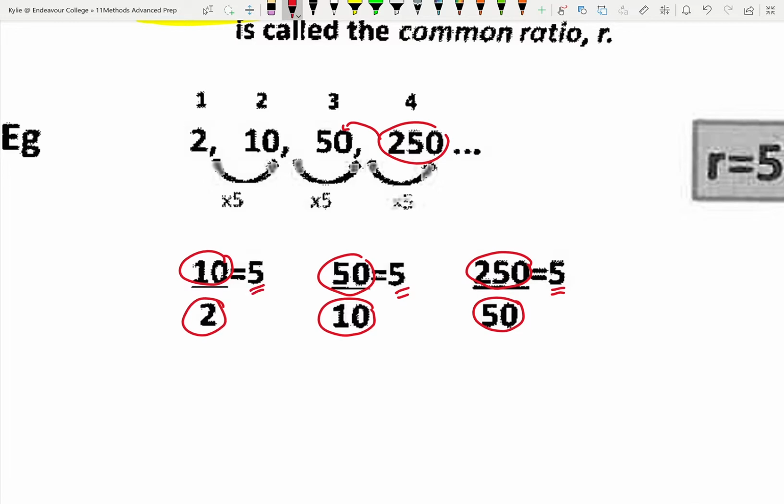And so you can see that the common ratio, and when we're talking about common ratio, we're really talking about a common factor, I suppose, but it is referred to as a ratio, not a factor. The common ratio, R, is 5, because to get from one term to the next, we multiply by 5.